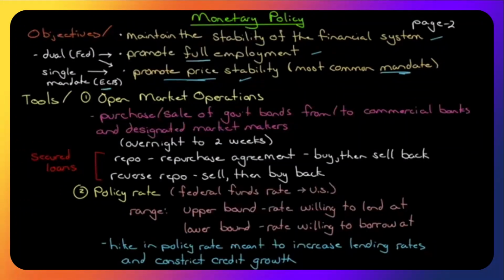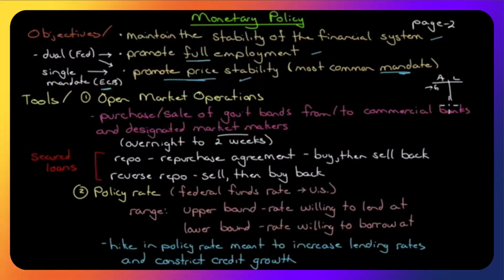And the way they get this done, let's look at the tools. Open market operations. This is the purchase and sale of government bonds from and to commercial banks and other designated market makers. If we think of a bank, it has assets and liabilities, and some of its assets may be government bonds.